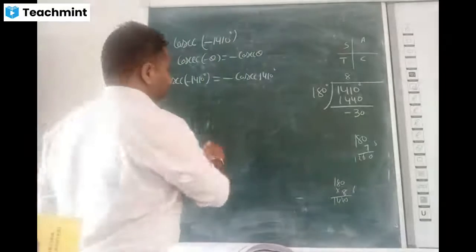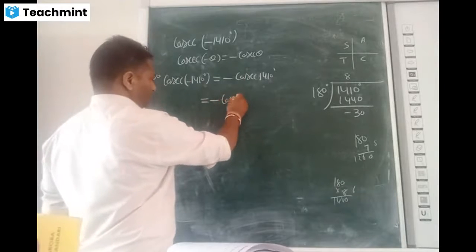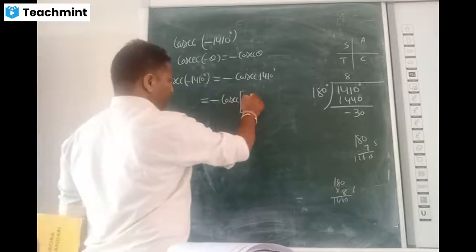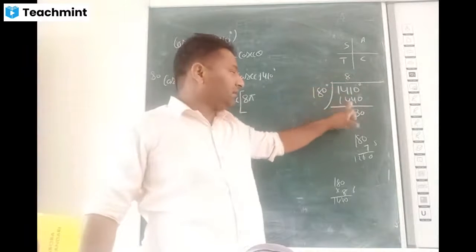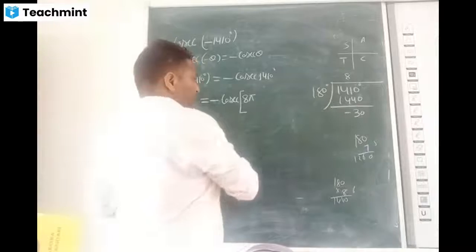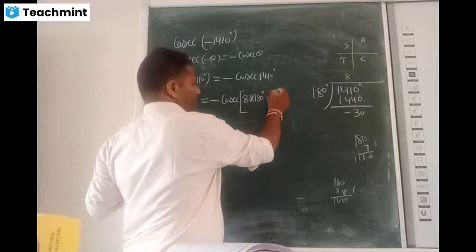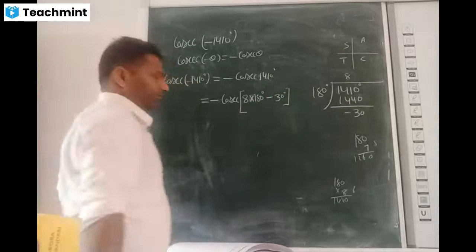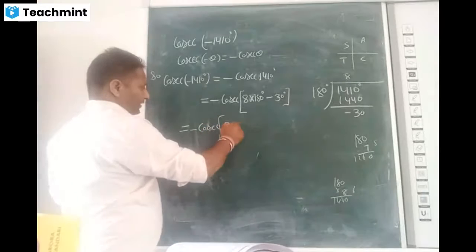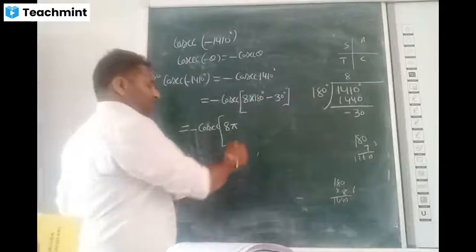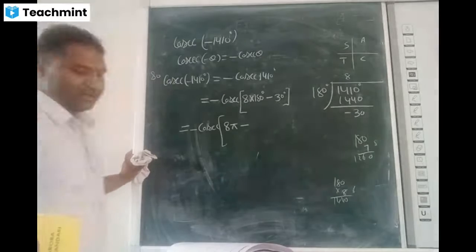So we can write it as minus cosec of 8 pi minus 30 degree, because 8 times 180 degree minus 30 degree. Why 8? On top there is 8 pi, and what is coming downside?